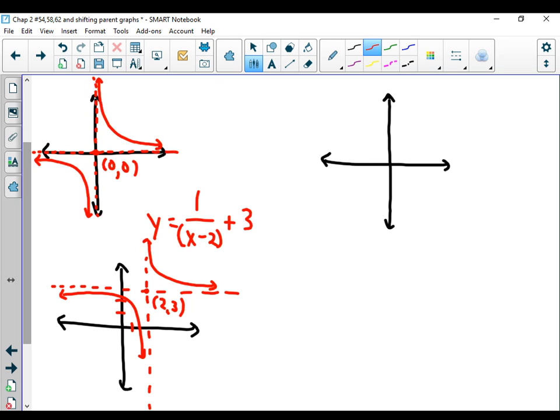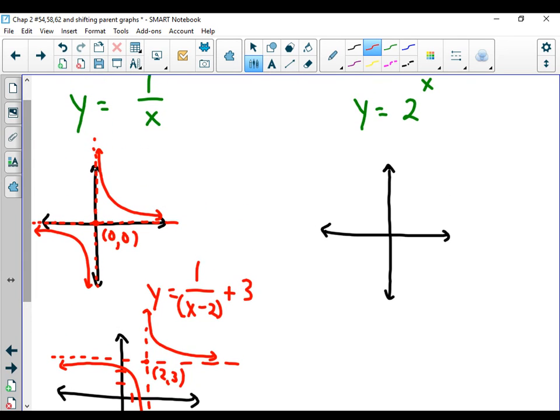What about the exponential? Where was the asymptote for the exponential? 2 to the x. There's a horizontal asymptote on this one. It was y equals 0. Yeah, it's just the x-axis, y equals 0. Then from there, we had this graph that was close to the asymptote, and then it kind of took off here at this point.